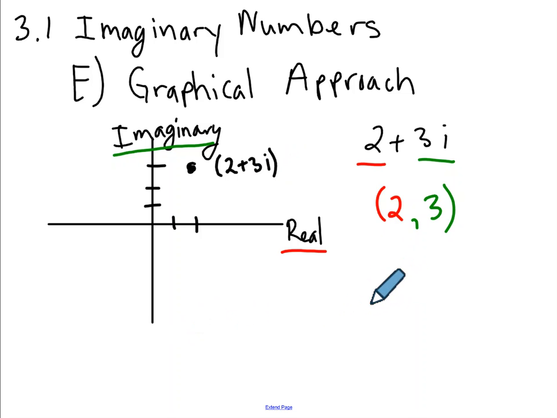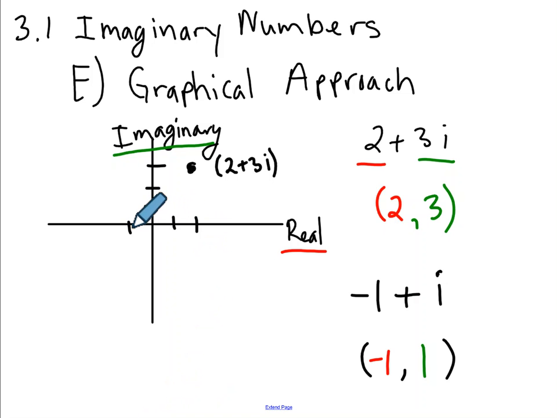Then if we have the number negative 1 plus i, what is the x and what is the y coordinate? It's going to be negative 1 for the real part and positive 1 for the imaginary part.